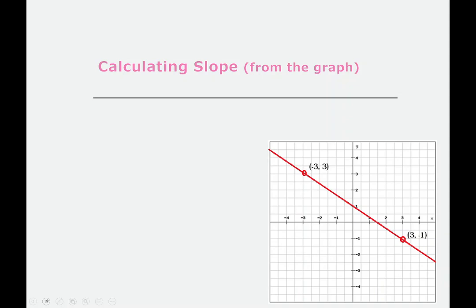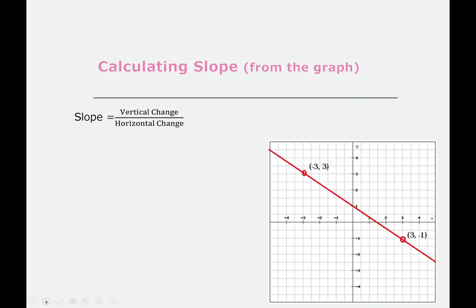So let's look at one way we can calculate slope. Calculating slope from the graph. To find the slope, we need to find the vertical change and the horizontal change. And the change we're finding is between two coordinates. So in the picture below, we have two coordinates.